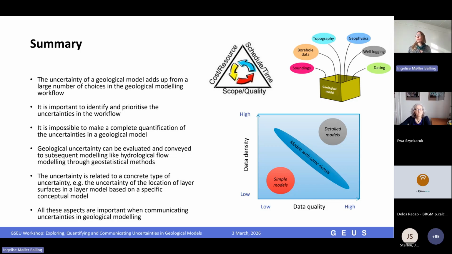If you do the manual interpretation, then you have to do a subjective estimate of what is the certainty of the point that you put. But of course, you try to quantify these as well. So for this, we have made a method where from the geologist's assessment of the uncertainties, we have tried to quantify that to be able to simulate the uncertainty of the layer model.